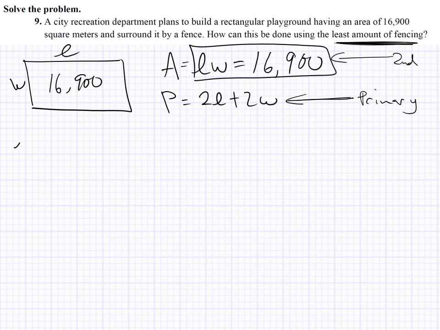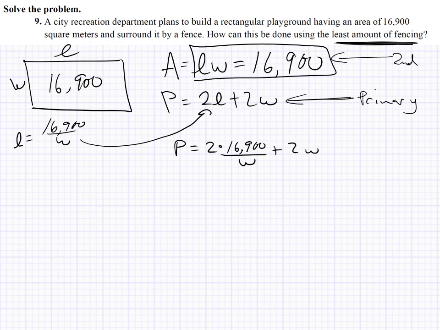Let's just say we solve for L. So L equals 16,900 divided by W. And I can take that L and I can plug it in here for L. So now I have that the perimeter is 2 times 16,900 over W plus 2W, which I can also write as 2 times 16,900, which would be 33,800, W to the negative 1 plus 2W.